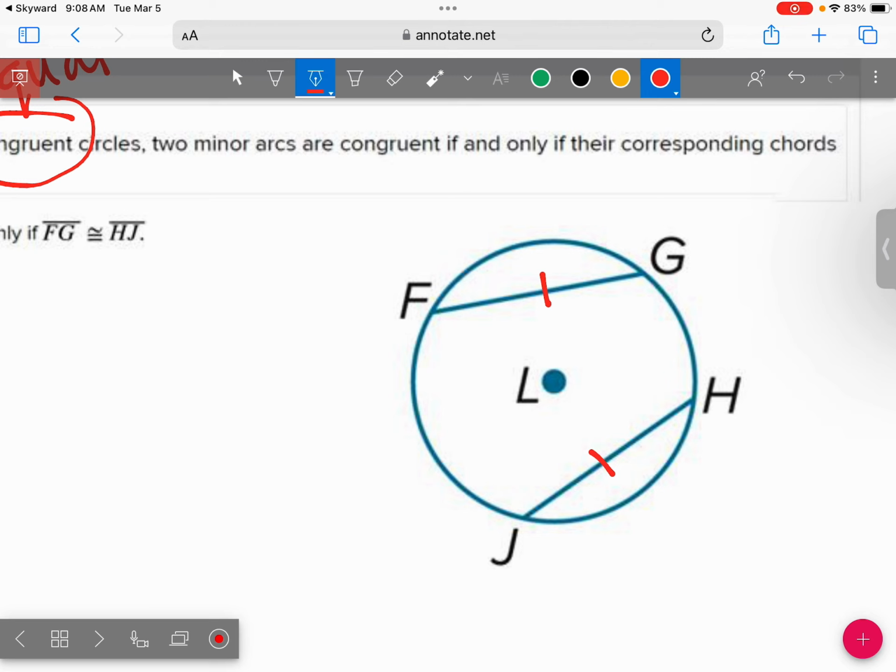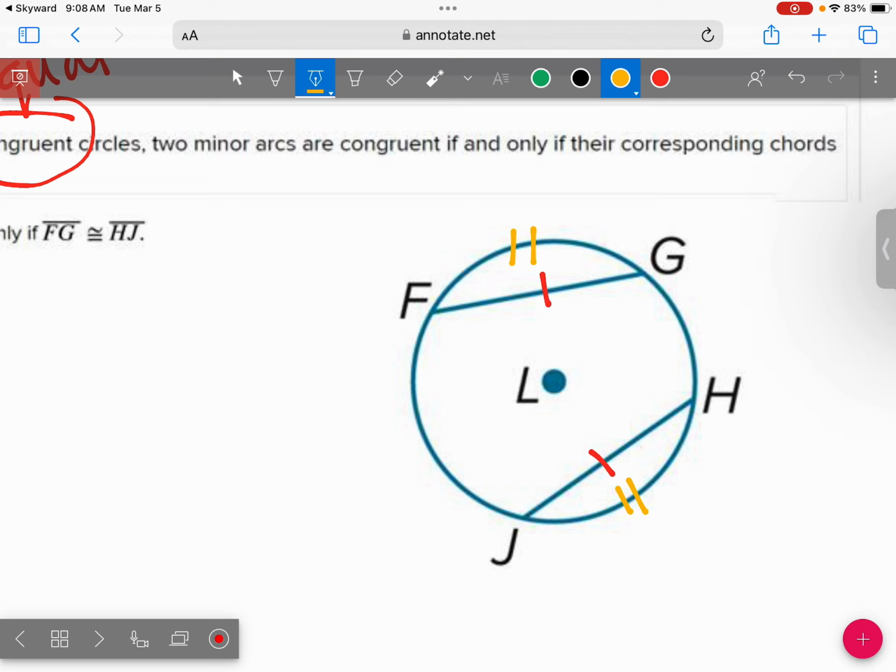If those are equal, then these arcs will be equal. And we could put 2 tally marks to show that. So if I know FG and JH are the same, the arcs will also be the same. So we're going to look for chords that are the same.